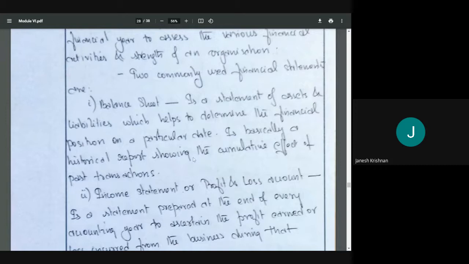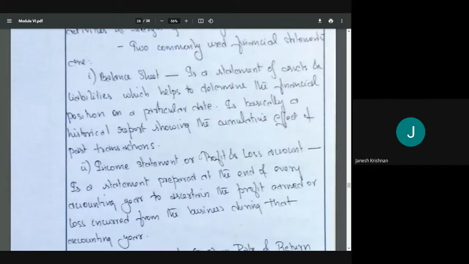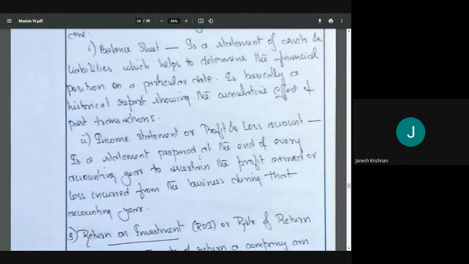The second one is the income statement, or profit and loss account. It's a statement prepared at the end of every accounting year to ascertain the profit earned or loss incurred from the business during that accounting year. Financial statements are prepared at the end of every financial year. What does the income statement show? What have I earned?